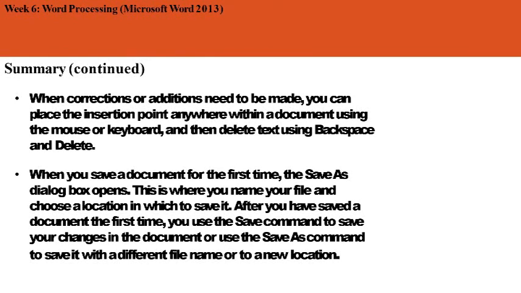So this is where you name and choose a location in which to save it. So after you have saved a document the first time, you can use the Save command to save your changes in the document. So pag first time yon. Pero pag gusto mo naman mag-create ng different file names, you can use the Save As command to save it with a different file name or to a new location.